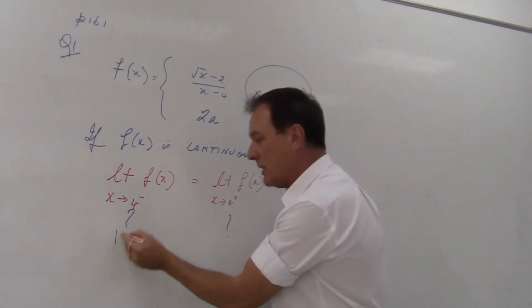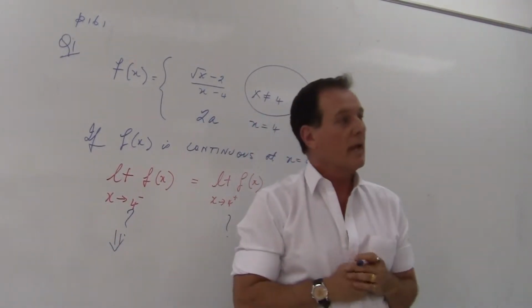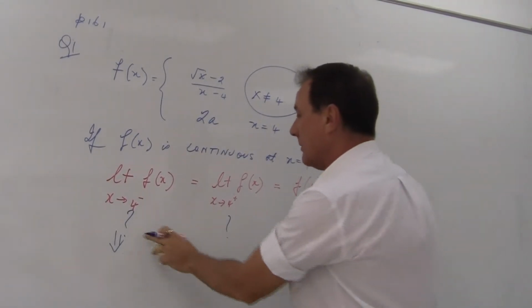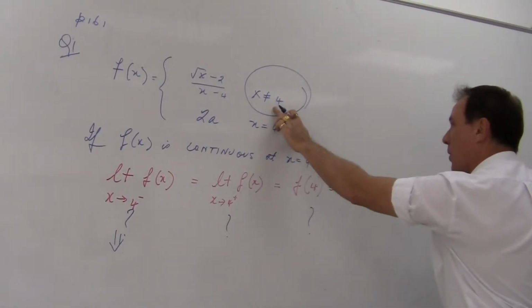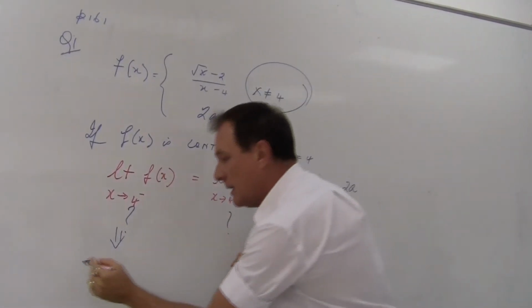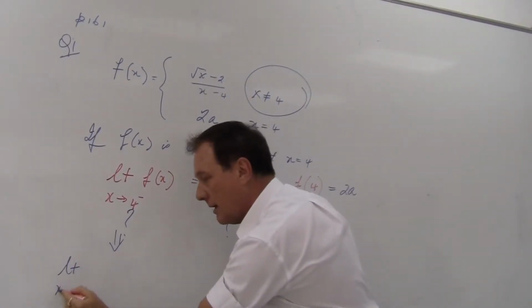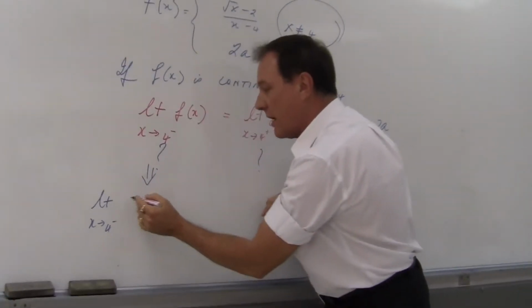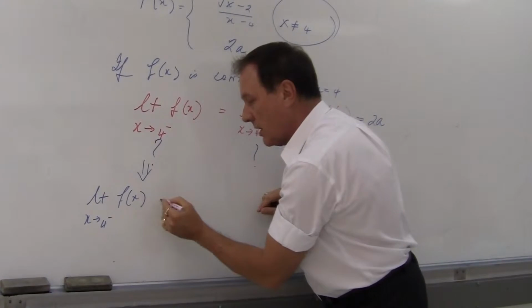So let's have a look at this one. x approaches 4 from below. Now, we're below 4, less than 4. So this one here, let's have a look at it. The limit as x approaches 4 from below of the function f of x. So what will it mean?